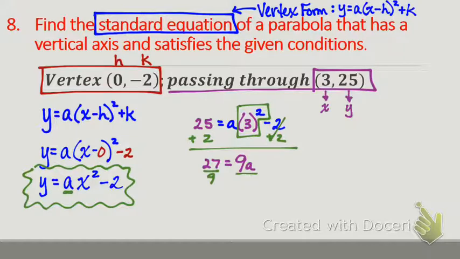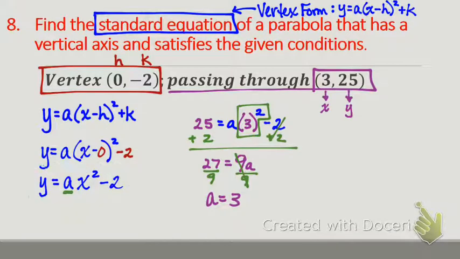Divide both sides by 9. My a value is 3. So what is my equation for this parabola? Y equals 3x squared minus 2. Beautiful.